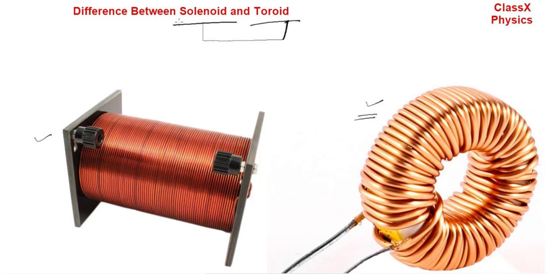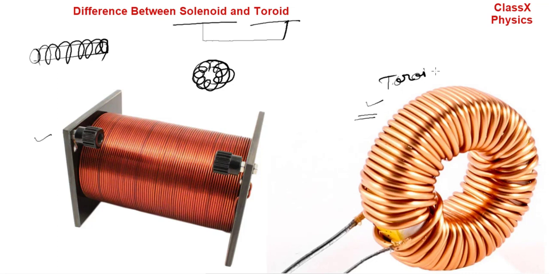Actually, in a solenoid, the coil is made straight in shape like this, and in a toroid there is a ring over which the copper wire is wrapped. So it will take the shape of a toroid. This is the toroid and this is the solenoid.